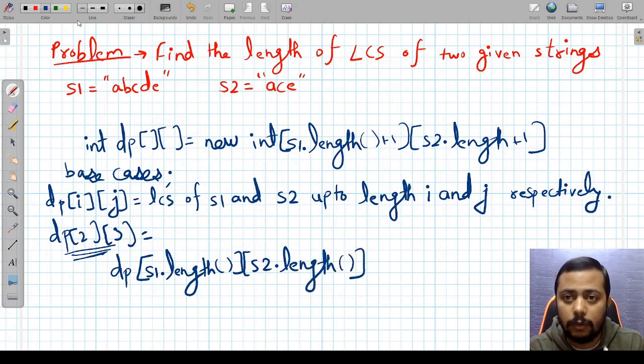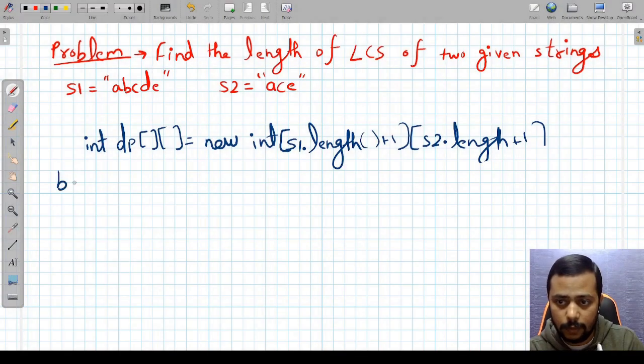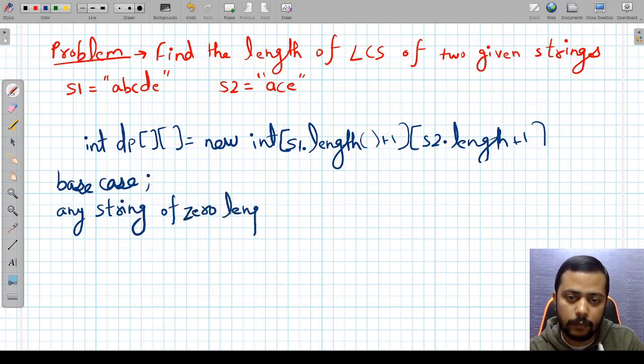So now we know what a cell is representing, and now let's try to understand the base cases. The base case will simply be whenever any string is of zero length, then LCS will be 0.